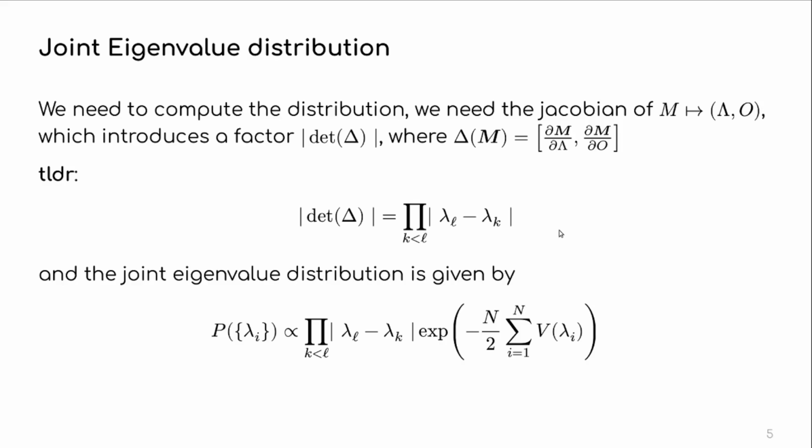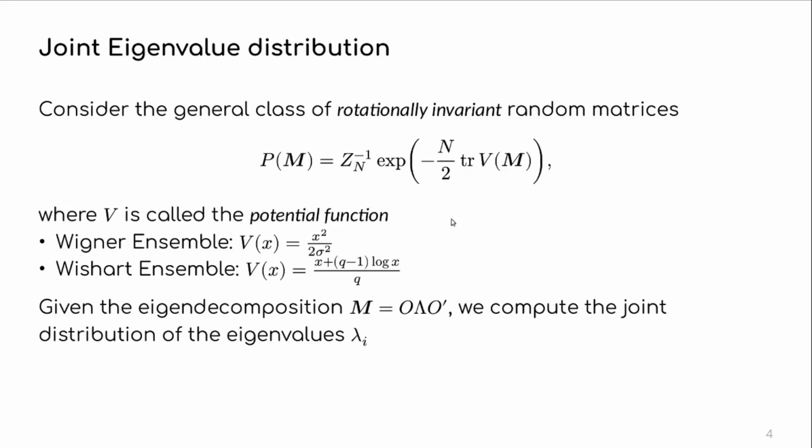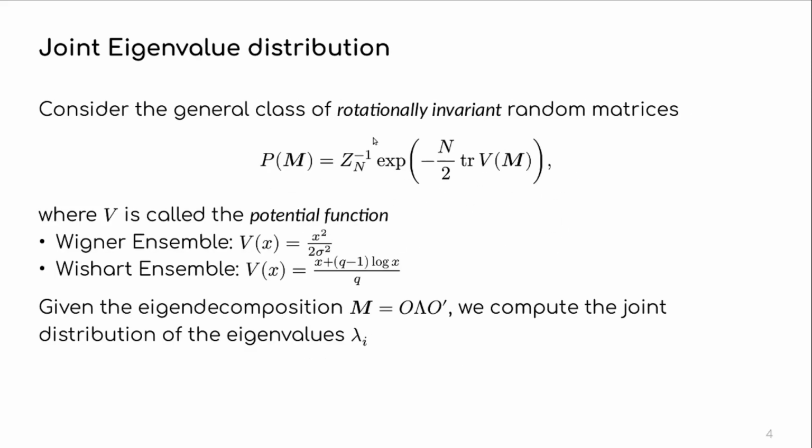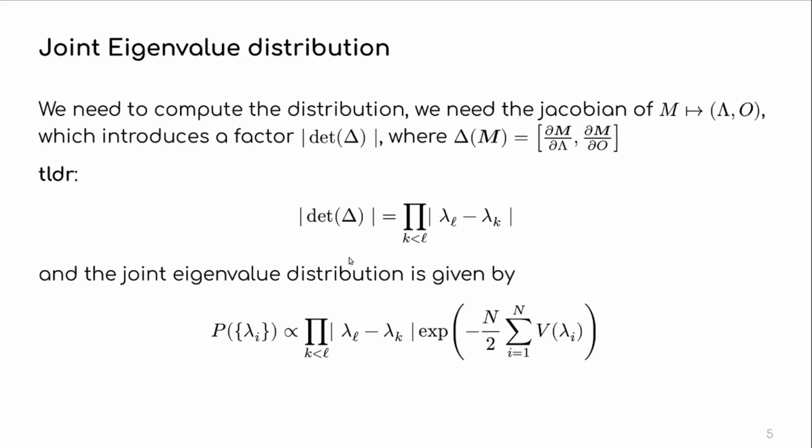Because this only depends on the eigenvalues, and because our probability is just the exponential of the trace, and remember the trace is just the sum of V applied to each eigenvalue, that tells us that the joint distribution of eigenvalues, the probability of getting a given set of eigenvalues lambda i, is going to be proportional, up to some normalizing factor, to this product over pairs of eigenvalues of the absolute distance between them, times the exponential of this sum of V applied to lambda i.